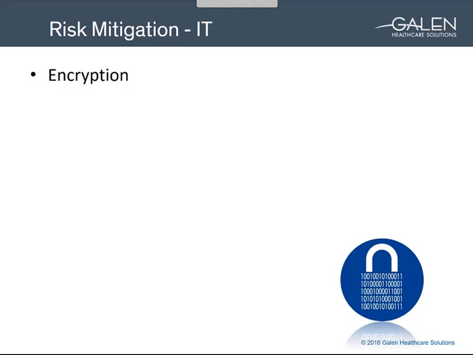So as an aside, one might wonder why PHI is such a significant target for hackers and other nefarious types of people coming in trying to steal it. Why is it any different than a credit card number? The financial industry has been dealing with this for a very long time, and they have both legislation and systems in place to mitigate the risk of financial data being stolen, both the risk to them and to some extent the risk to their customers, i.e. the credit card holder or the bank account holder or what have you.